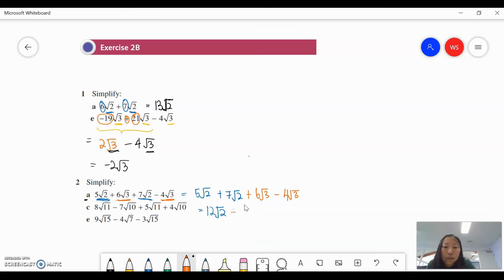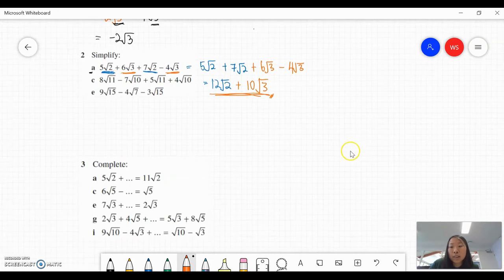And then subsequently simplifying 6 times square root of 3 minus 4 times square root of 3, that will be 2 when we subtract 4 from 6, followed by square root of 3. Right, so this will be our answer for question 2a. We can't simplify it further because the square root of 2 and square root of 3 are unlike, so therefore, we cannot simplify that.